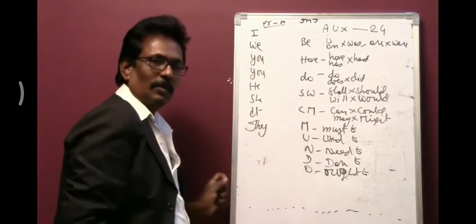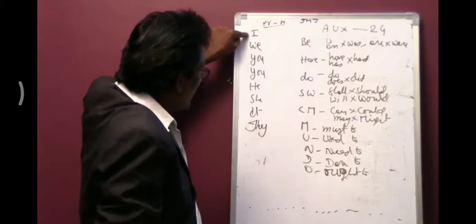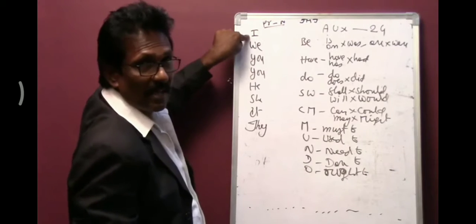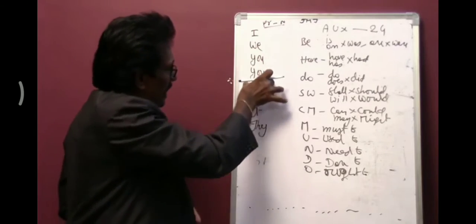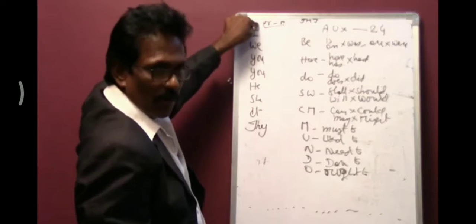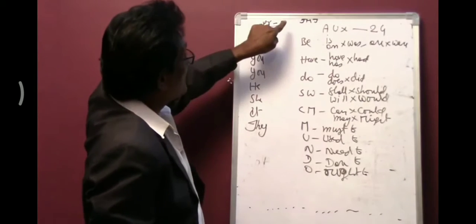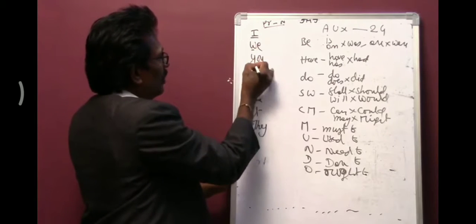Pro is a Latin word which means in the place of. In the place of a noun we are using these words. That is why these are called pronouns. So pronoun means I, we, you.